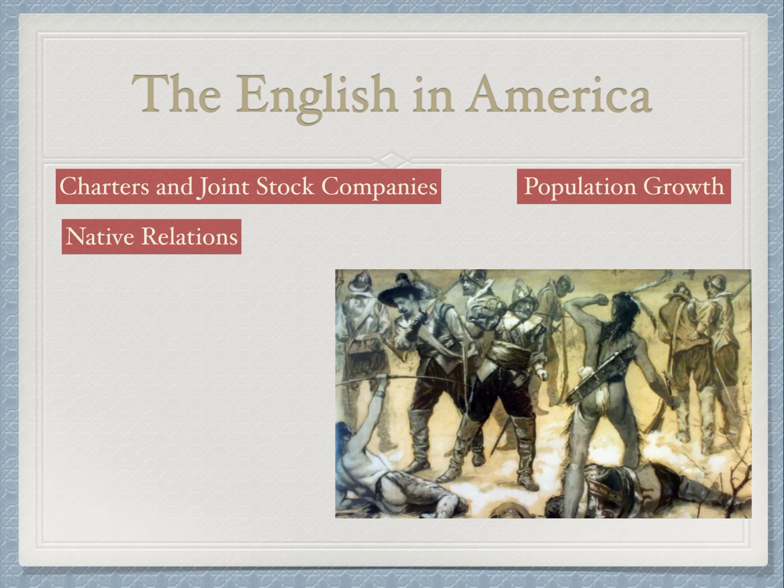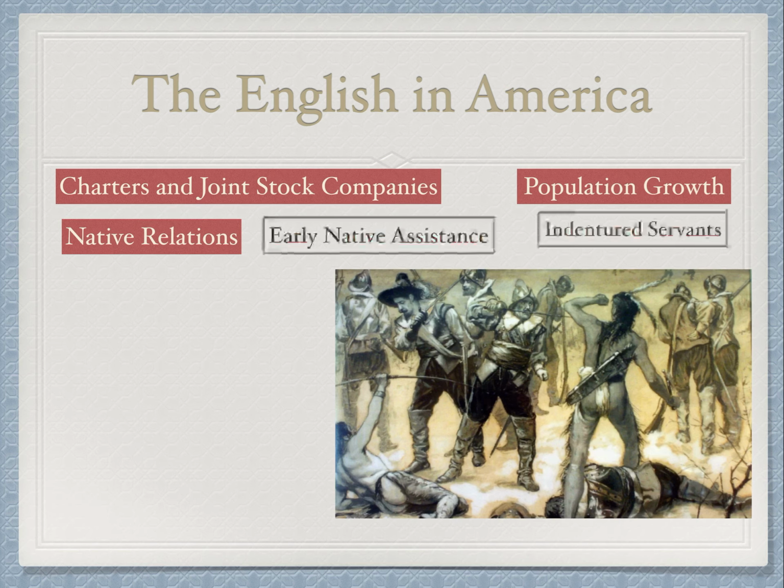The charter colonies that I said to sort of hold in your mind are going to be established by these joint stock companies. There is early native resistance to the arrival of the English in America, but as the population grows, that resistance is less and less, I want to say meaningful, or maybe effective is a better word.